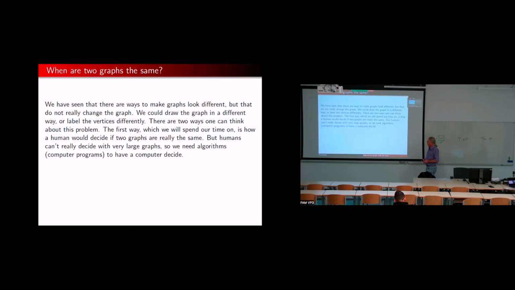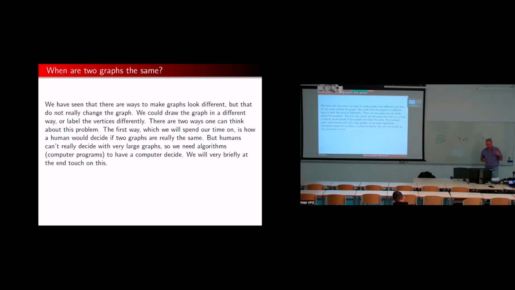So we also need algorithms or computer programs that would be able to tell us when 2 graphs are isomorphic. We're going to focus on the first aspect of this. How would a human do it? And I will briefly talk about how a computer would do it at the end.